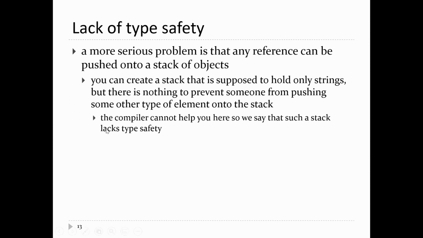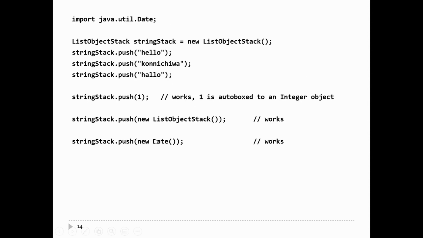And so in Java, Java tries very hard to ensure type safety. Here's an example of what can happen when you use a stack of Object. I've got my string stack, which is supposed to hold only strings.